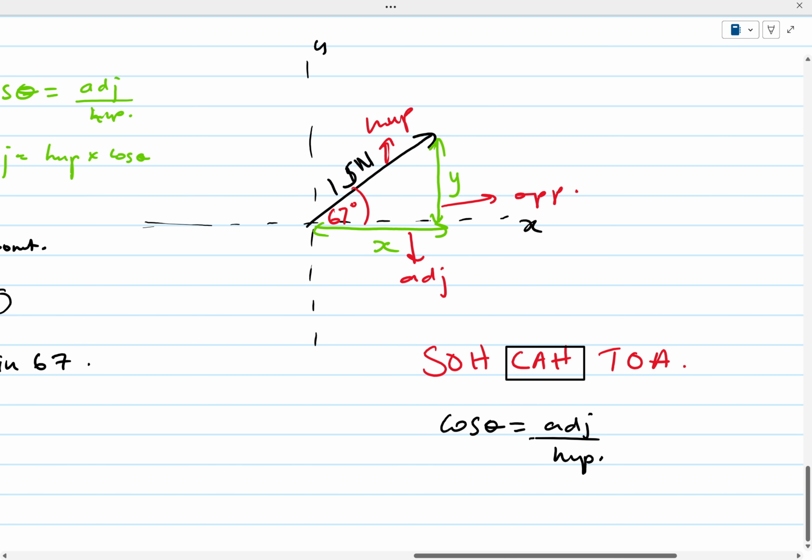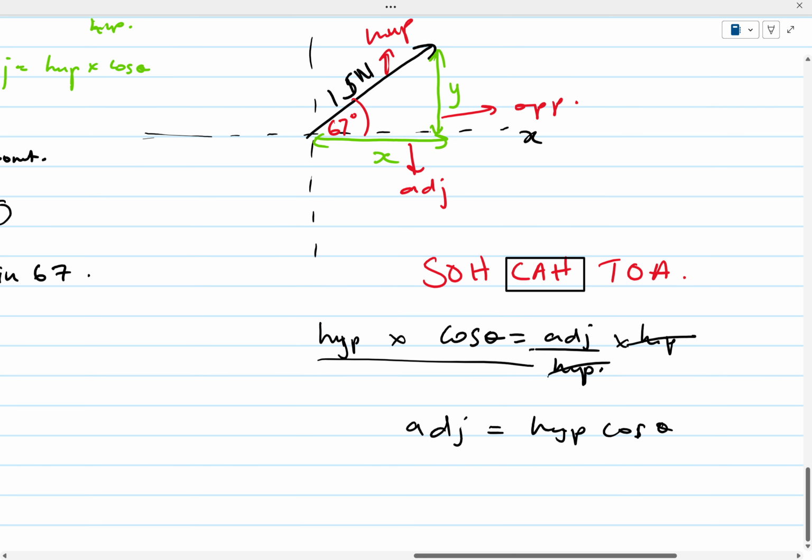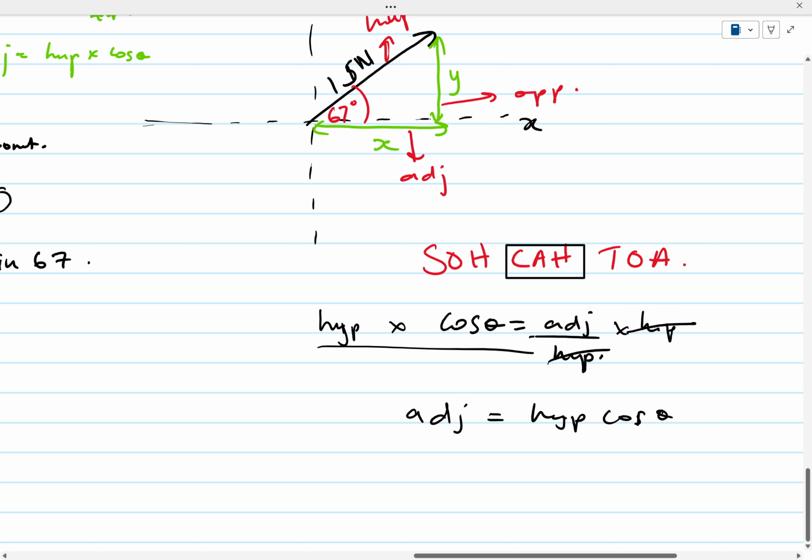In order to find the adjacent, we must transpose to get the adjacent is equal to the hypotenuse cos theta, because we times by the hypotenuse on both sides. These cancel, leaving this. The value of the hypotenuse here is 15 because the vector is 15. Then we cos, and what is the angle? 67. That makes sense, no?